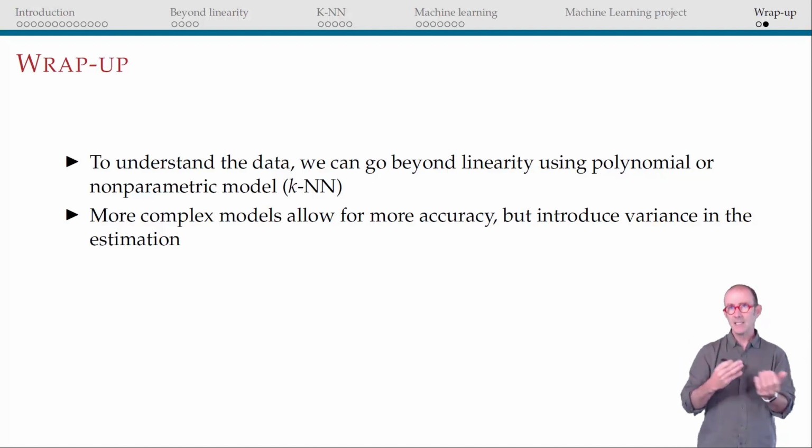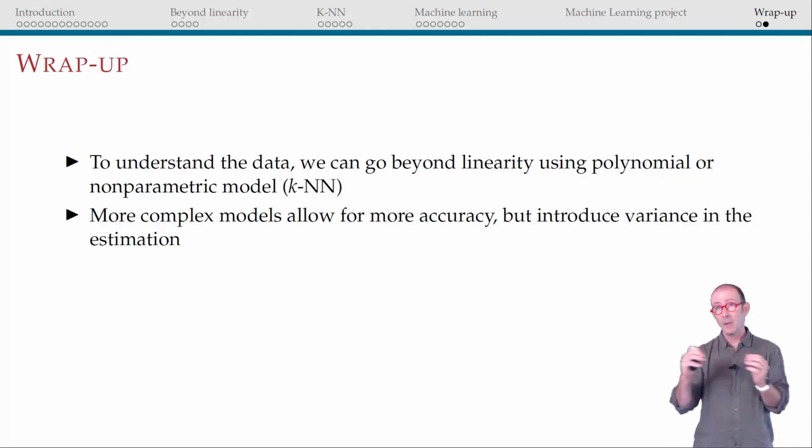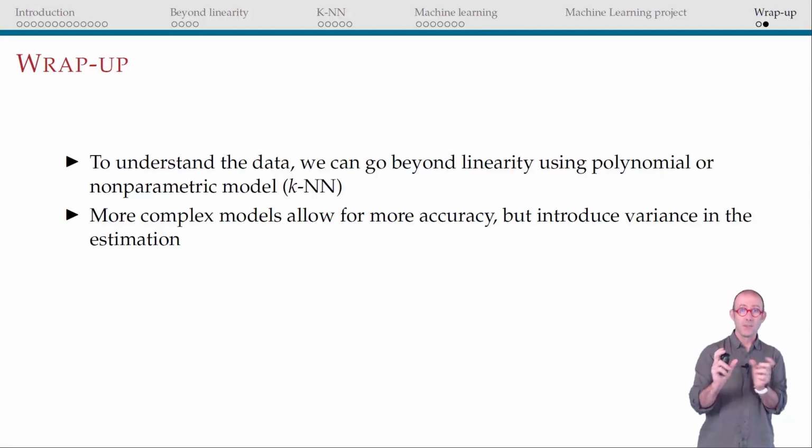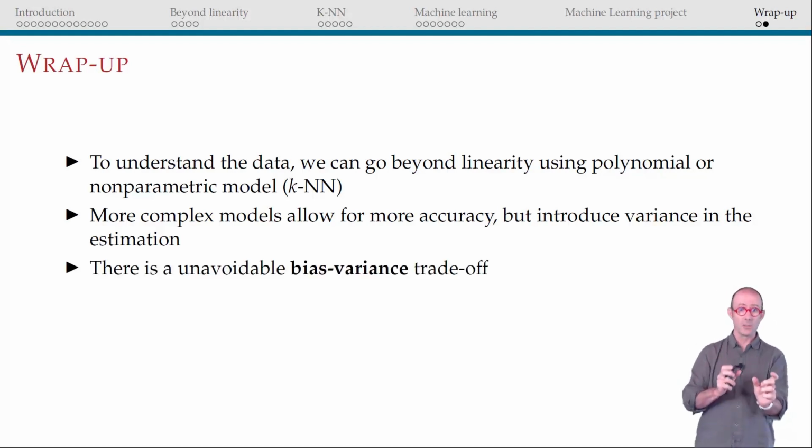This can also be transferred into being very accurate, or being not so accurate but more robust and probably able to predict in a better way. This is called the bias-variance trade-off that we're going to see later on in many examples, but that we already have seen with the KNN.